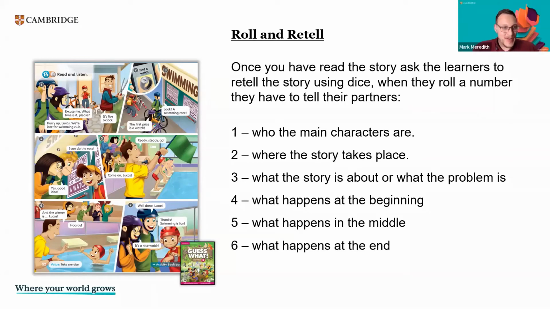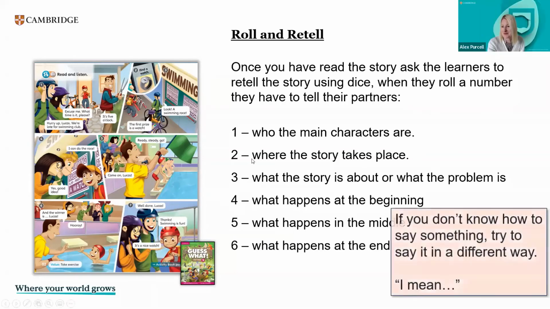Absolutely, yeah. So this activity is a really nice one, isn't it? A nice way to engage with the story. And then maybe they find it a bit harder, but what we could do is encourage them to use some specific language while they're doing it. This is a bit of an abstract example, but the idea is giving them some functional language to support it.